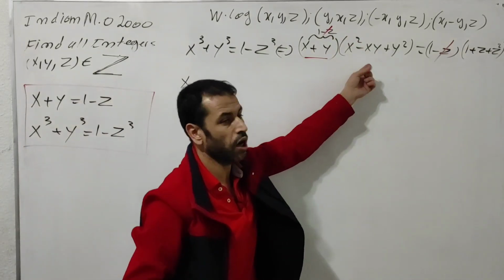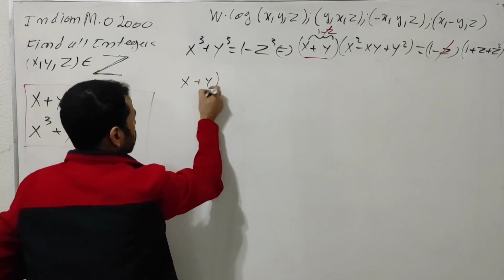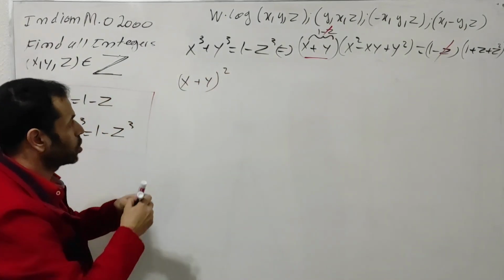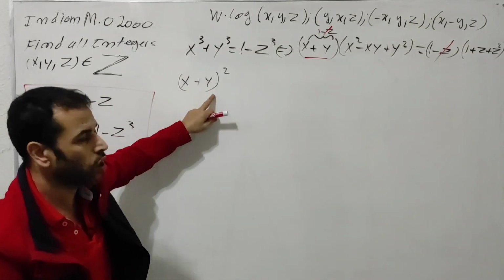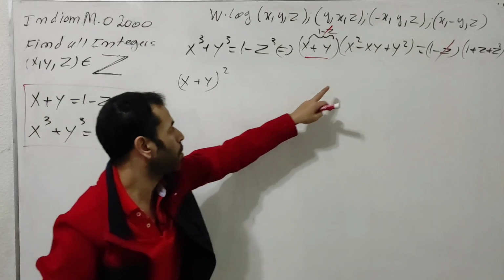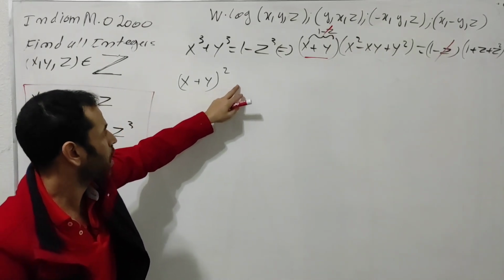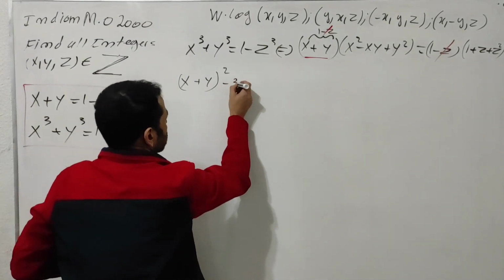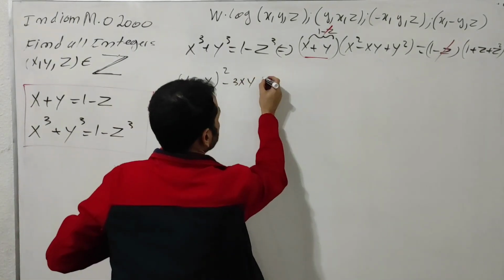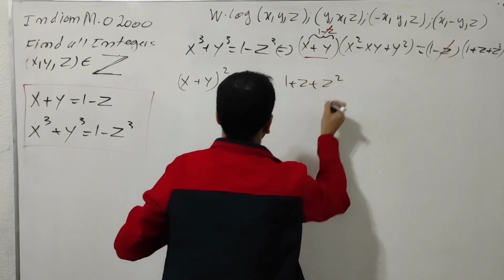Then I'm going to rewrite this term as well. We'll have x plus y quantity squared. If I distribute this, I get x squared plus 2xy plus y squared. But we have minus xy, so I'm going to put minus 3xy in order to make it even. So x plus y squared minus 3xy equals 1 plus z plus z squared.